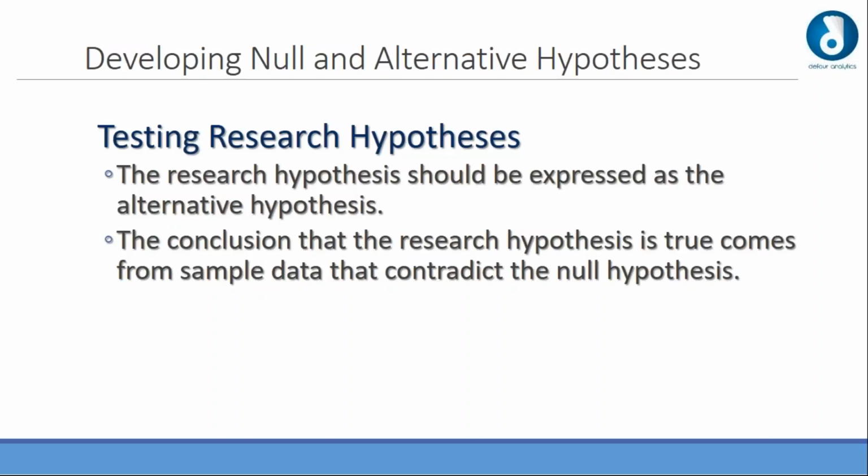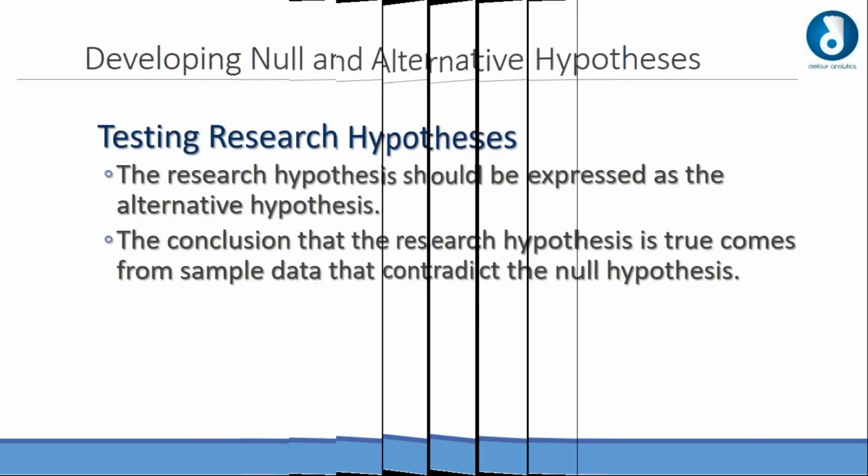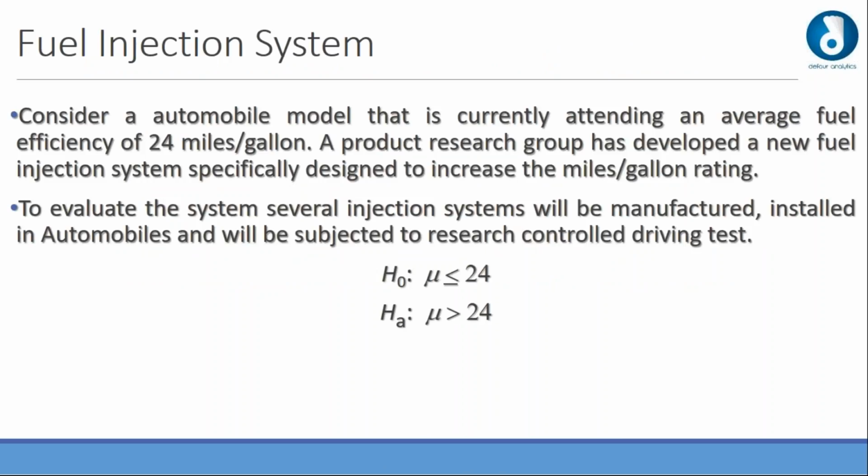For example, a company has done a research which says, I have developed a new process in which the average mileage of the car has been increased from 20 to 24. This is something new which is not happening. What was actually happening previously, the cars were giving a mileage of 20 kilometers per liter. That would be my null hypothesis, and anything new would be my research alternate hypothesis.